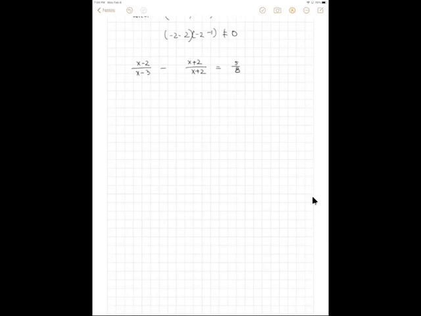Okay, for this equation, what's the least common denominator? Which is (x minus 3), (x plus 2), and then 8.